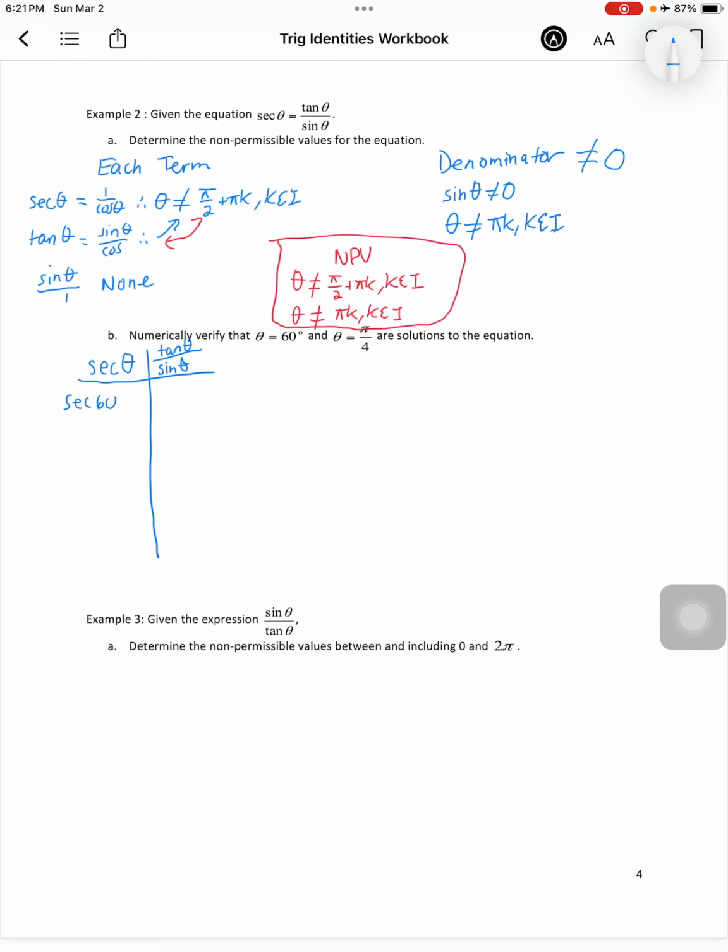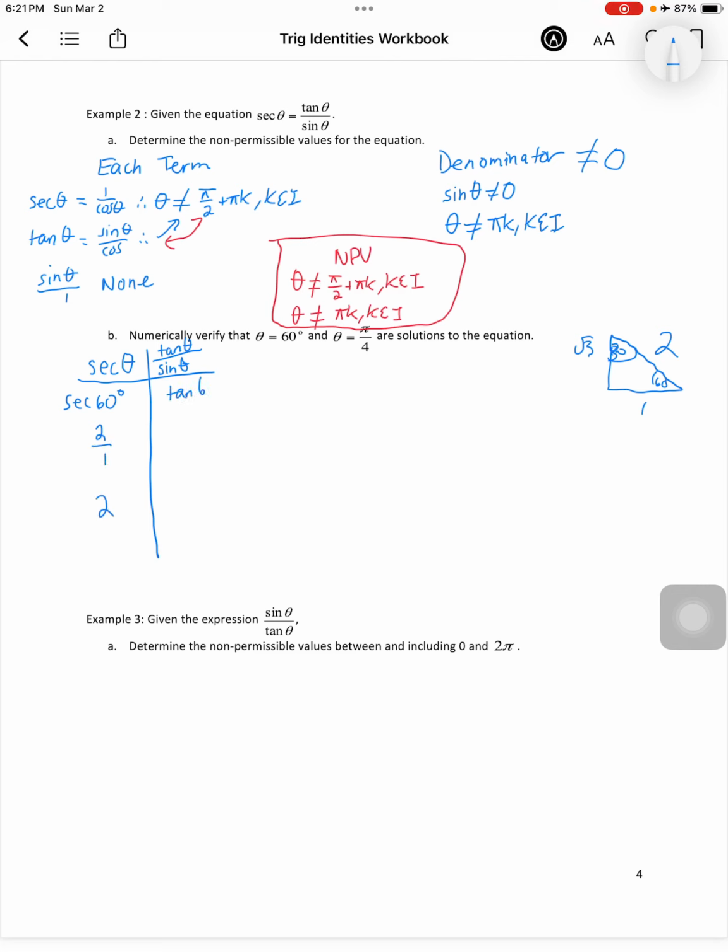So here, secant 60 degrees, and if we do our special triangle, 60, 30, that's an ugly 30, square root 3, 1, 2. Secant 60 is going to be 2 over 1, which is just 2.